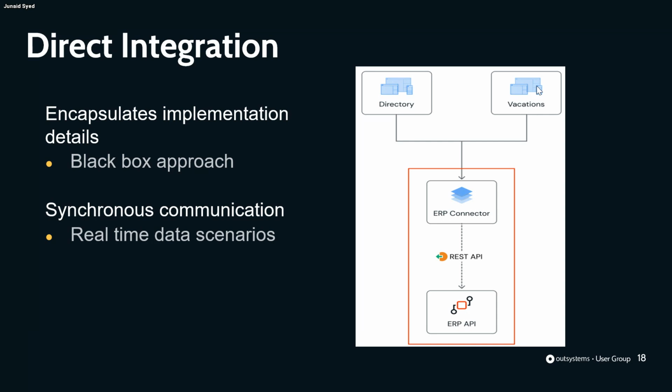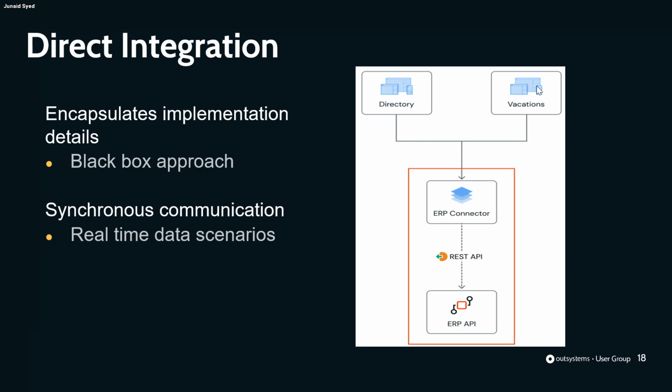So what is happening? The ERP connector is consuming the API from the ERP system. It performs any processing if needed on the information that we get from the ERP system, and then returns it to the caller, which could be the directory application or the vacations application. So here we are abstracting how the integration is working from the directory and vacations applications, and that's why they also call it a black box approach.